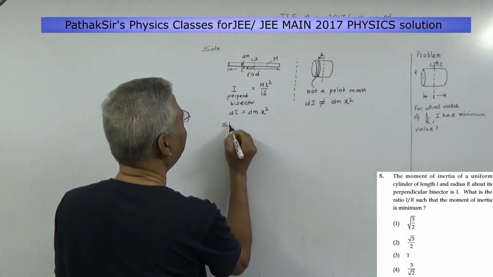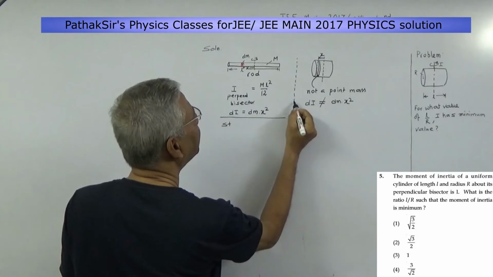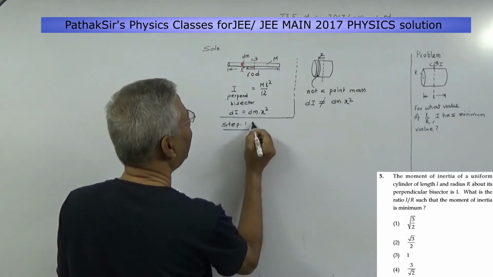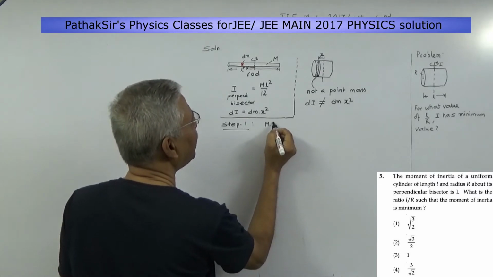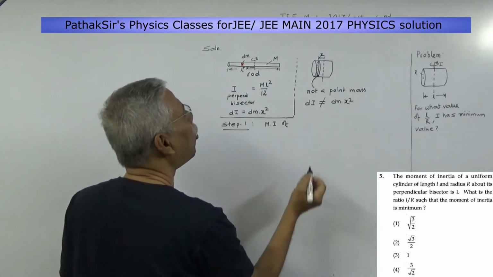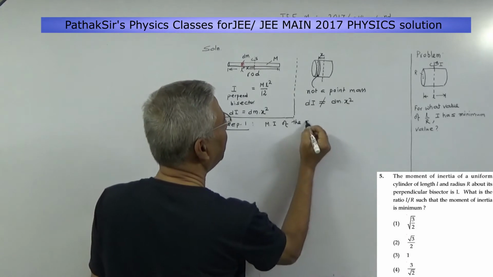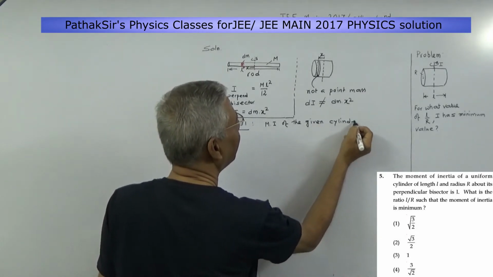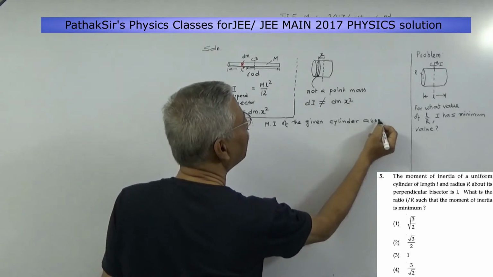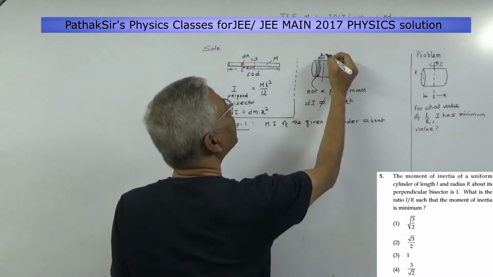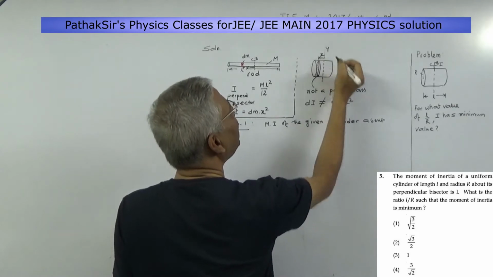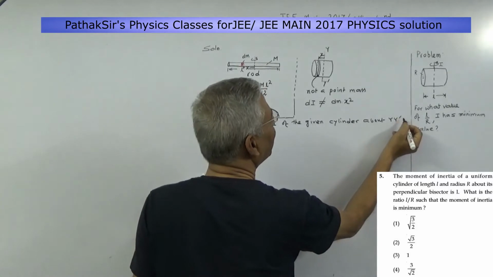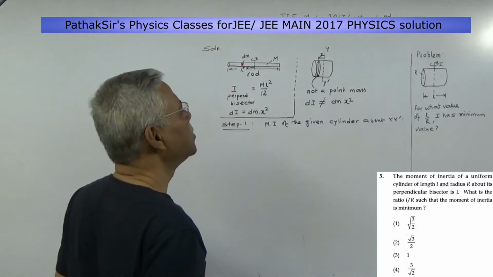Step 1: moment of inertia of the given cylinder about this axis. I will mark this axis as y dash.